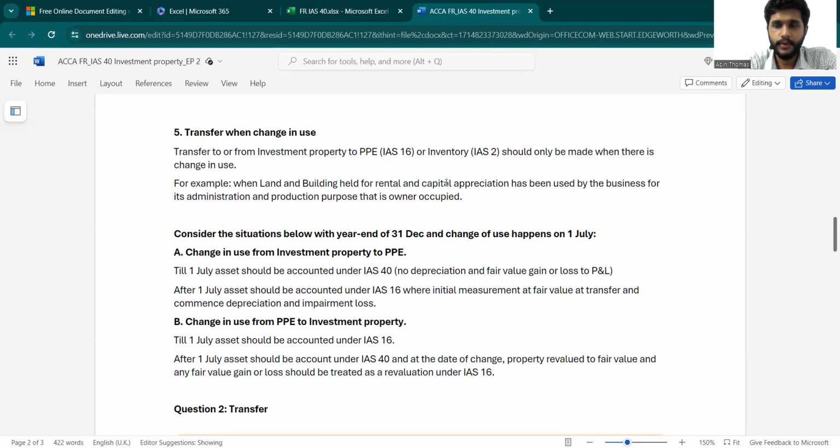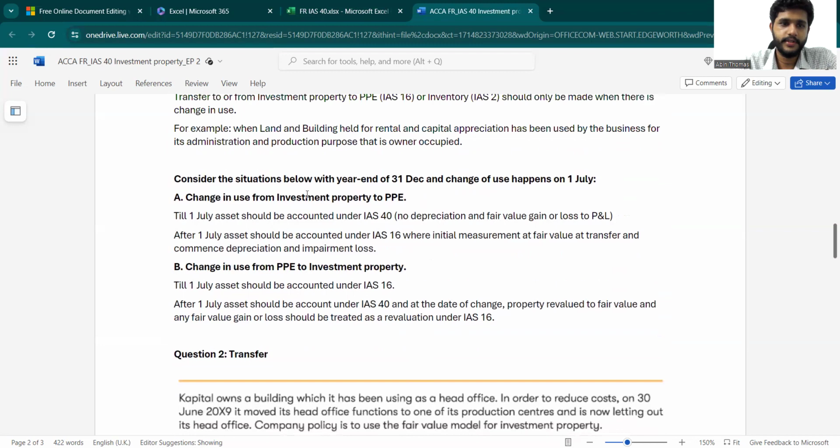So what we have to do is change from IAS 40 to IAS 16. Consider the situation below. We have two situations with the year end of 31st December, and the change of use happened on 1st July.